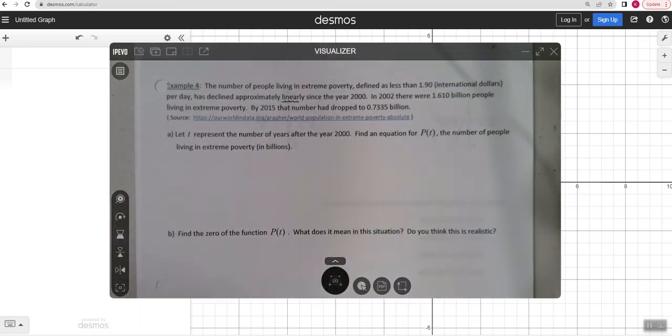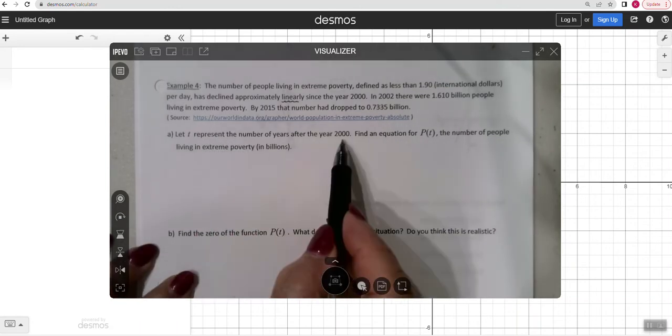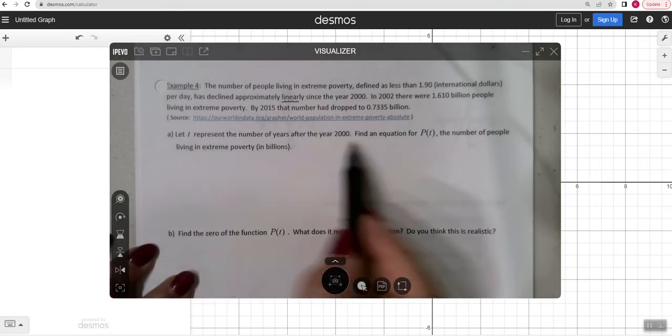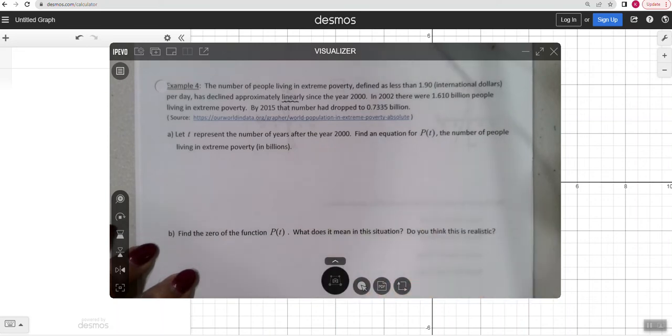In fact, in 2002, there were 1.61 billion people living in extreme poverty, and by 2015, that number had dropped to 0.7335 billion. So, T is supposed to represent the number of years after the year 2000, and we're looking for an equation for P of T, the number of people living in extreme poverty.